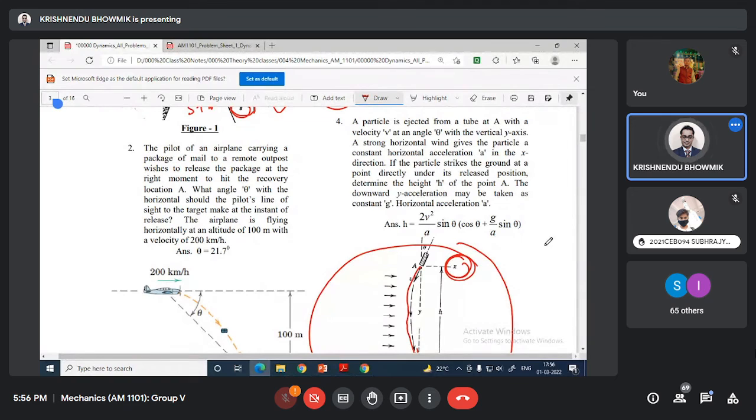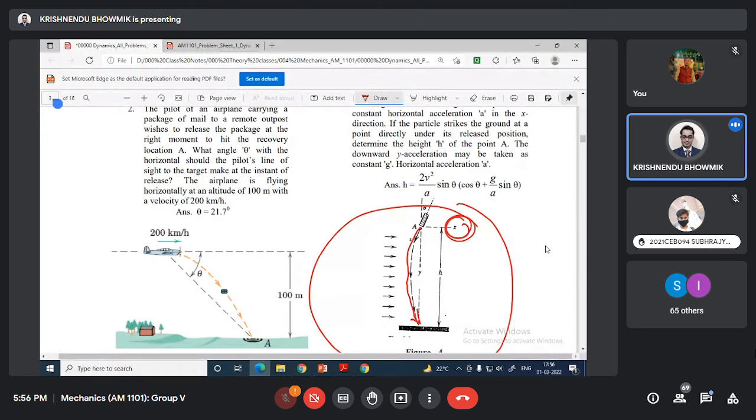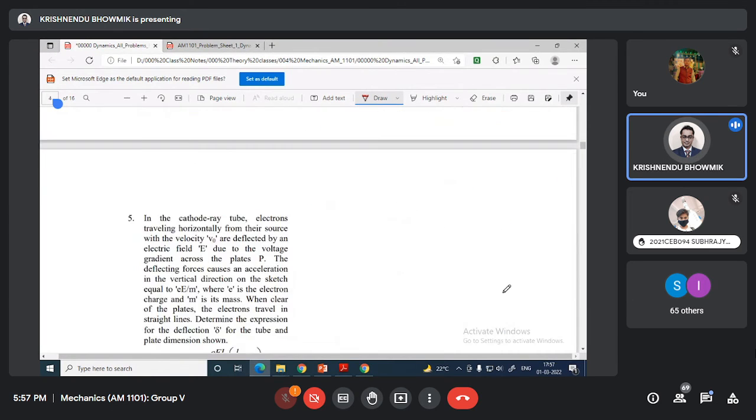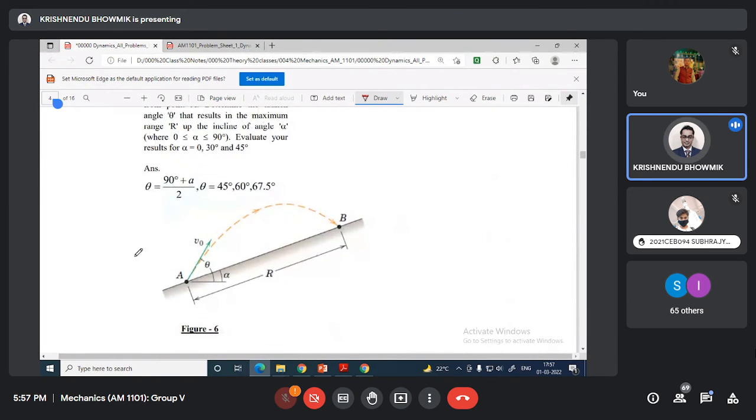And somebody can use total y in terms of v and theta, then v cosine theta and v sine theta. This component-wise simple theory you can use to solve the problem. Okay, so this is one problem.